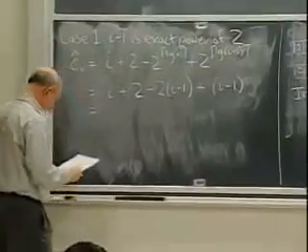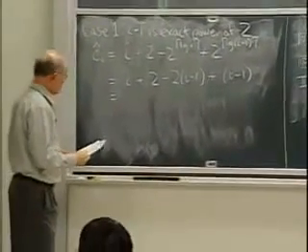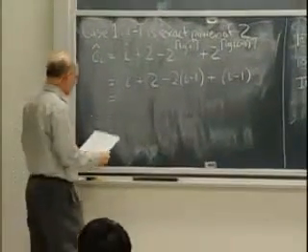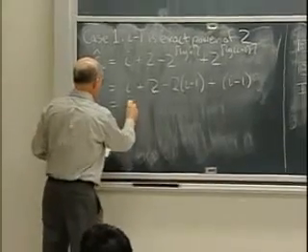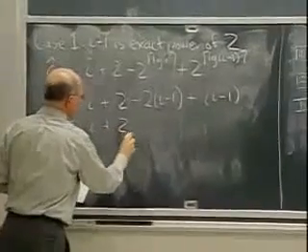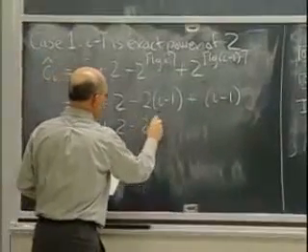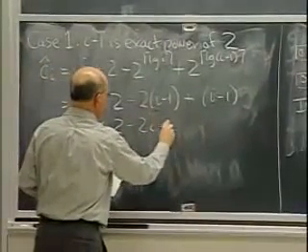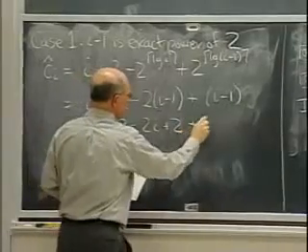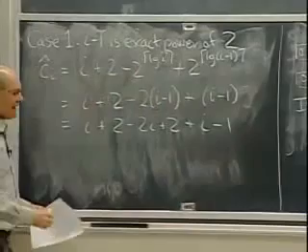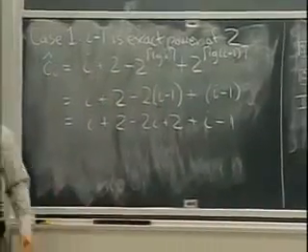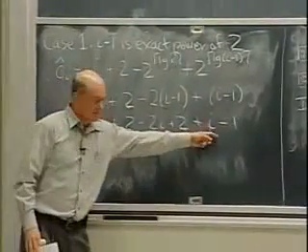Okay, so what do we have here? If I multiply this through, I have I plus 2 minus 2I plus 2 plus I minus 1. A lot of people, I know probably 90% of you won't do this step.